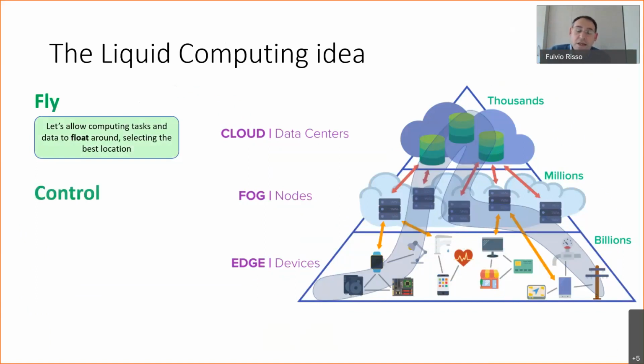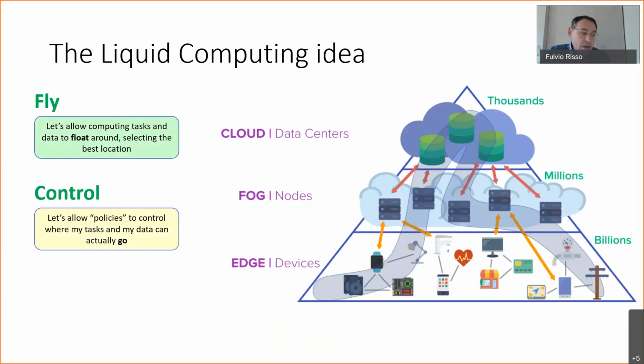The second ingredient is controlling the application. So we would like to set some policies that define where my tasks and my data can go, because maybe it's fine to have an infinite ocean of resources, but maybe I would like to avoid some pieces of those resources, maybe a provider I don't trust, and so on.